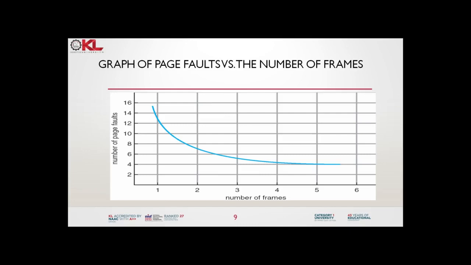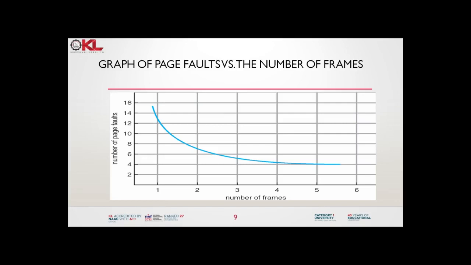If you see the graph of page faults versus the number of page frames, the vertical axis is considered as the number of page faults. Let us say 2, 4, 6, 8, 10, 12, 14, 16, and the number of frames are 1, 2, 3, 4, 5, 6. Let us say when I have a frame size of 1, my page faults are around 15.